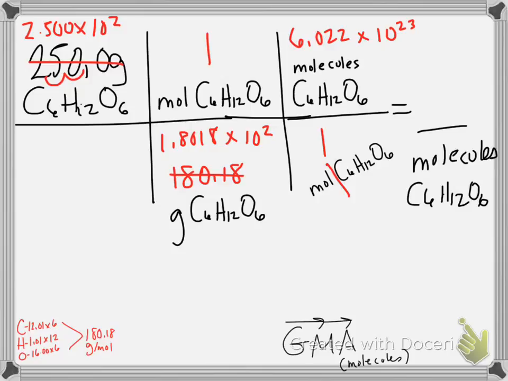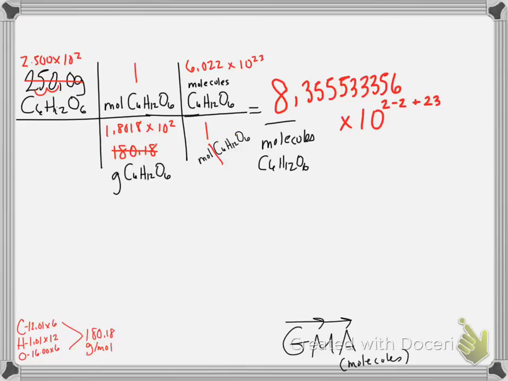Okay, so calculators. As my raw answer, I get 8.3555, etc., times 10 to the 2 minus 2 plus 23. Obviously our 2's cancel, so what do we have for a final answer, and how many sig figs are we allowed to have? We can have 4 sig figs.